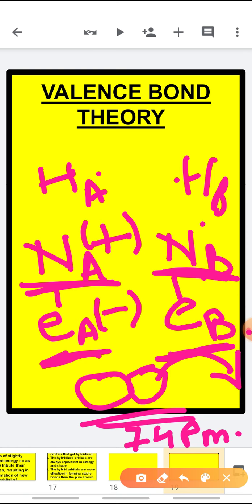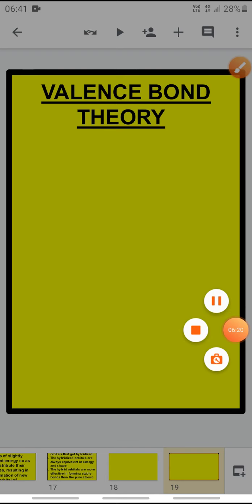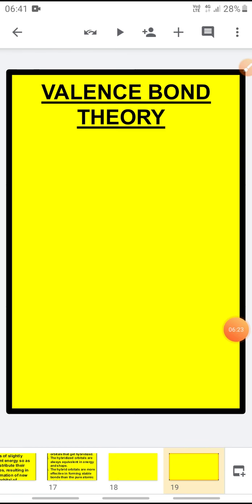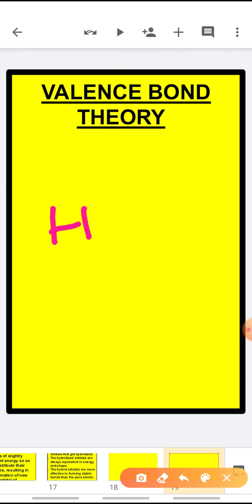Now, since energy is released during the bond formation between the two hydrogen atoms, the hydrogen molecule is more stable than the isolated gaseous atoms of hydrogen. This is the hydrogen molecule.